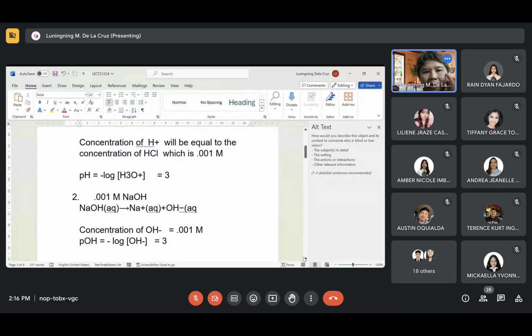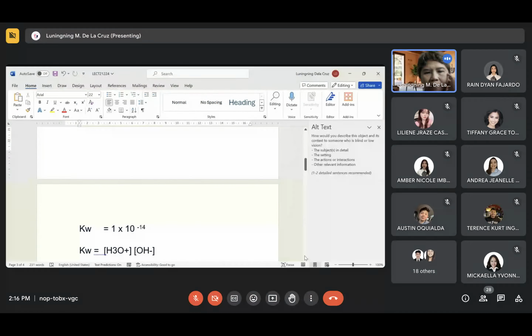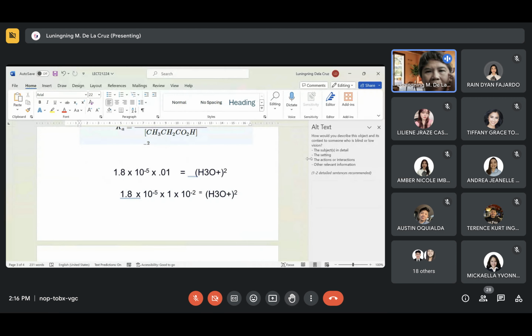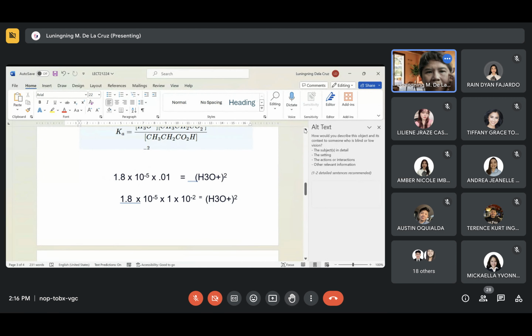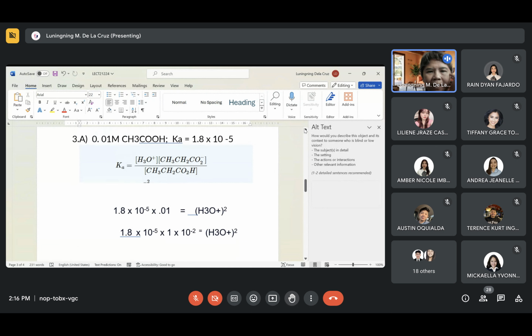For the second one, we are asked about the pH of a solution with the given Ka. If the Ka is 1.8 times 10 to the minus 5.